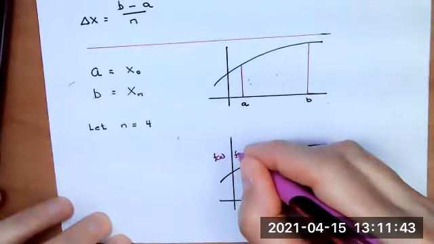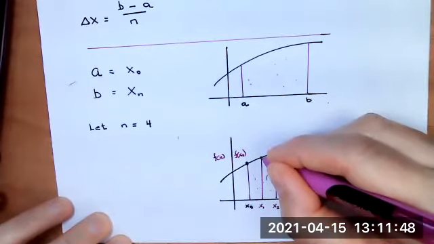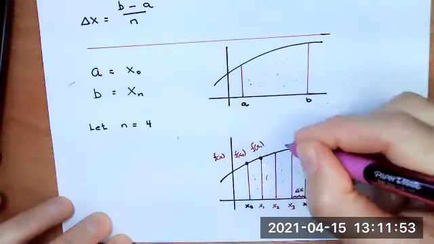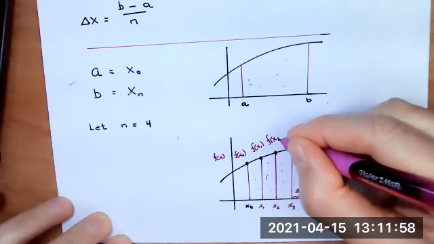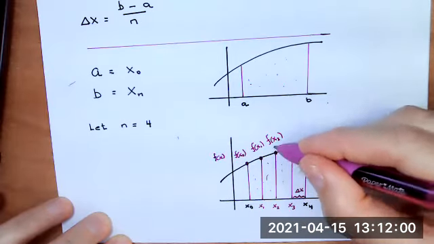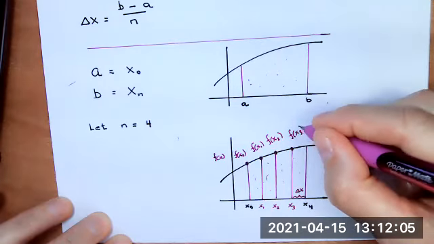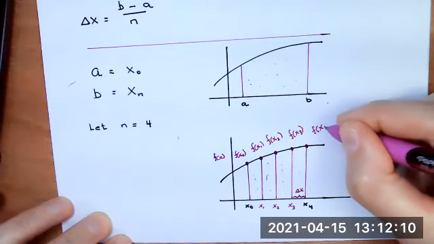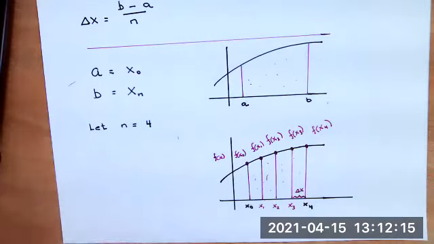So that height is f of x0. The height here, f of x1. This height, f of x3. And then this height is f of x4.